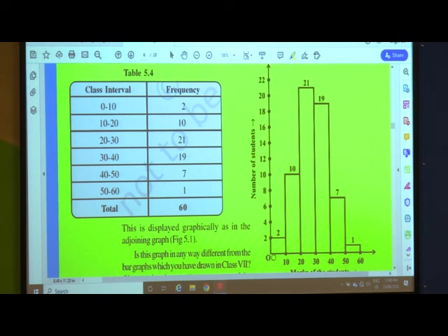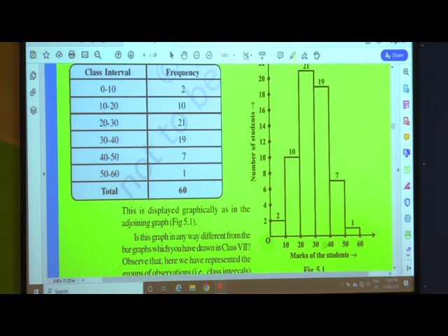On the x axis you see 0, 10, 20, 30, 40, 50, 60. These are the marks of the students.